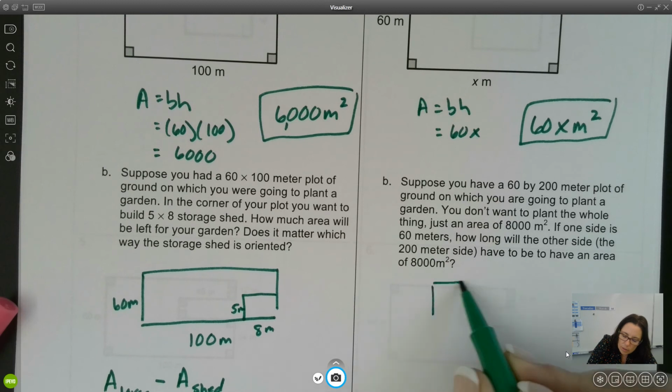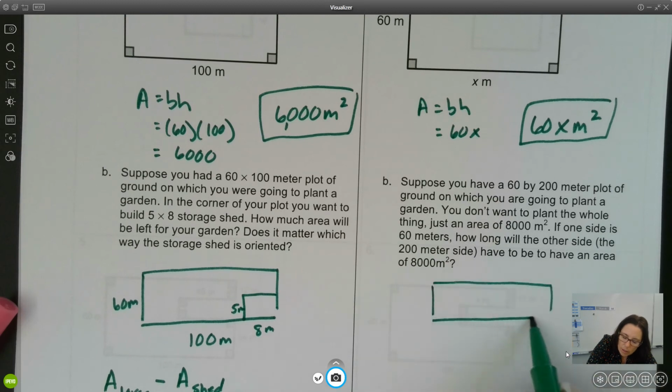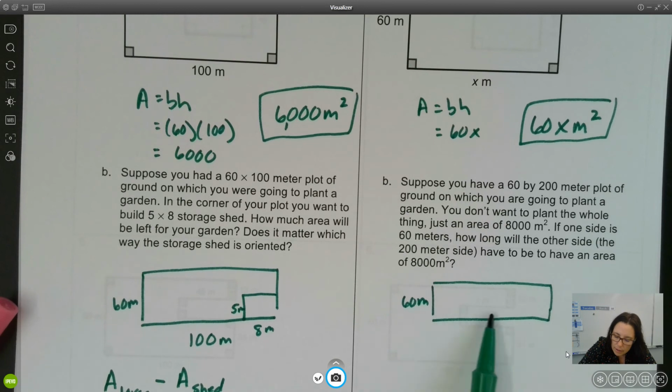Okay, so it sounds like we're keeping our 60 meters. Okay, and this whole thing right here is 200 meters. So that's going to be 12,000 meters squared, the area. So we need to find out how much we're going to be cutting off this way to get, what was it, 8,000 meters squared.